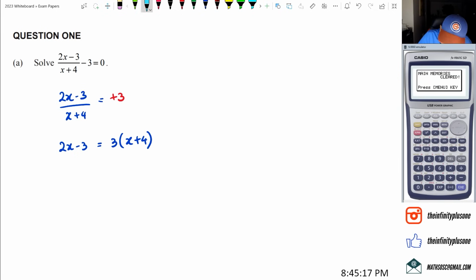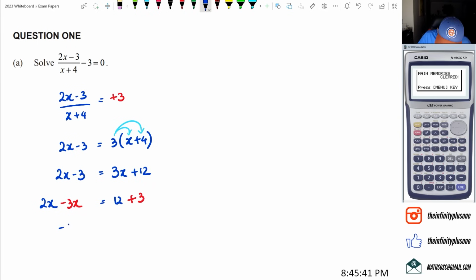At this point, I need to make sure I expand the brackets. And what I end up with is 2x minus 3 is equal to 3x plus 12. And then it's just a matter of rearranging. So I've got 2x minus 3x equals 12 plus 3.